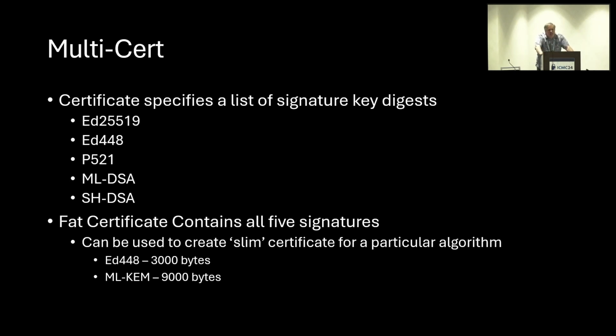But the idea here is you have a certificate that, instead of just giving one public key for the subject, gives a list of digests of public keys, and then you have a fat signature on that certificate that has all the signatures for all the key types, and then some mechanism for going from that fat certificate to a thin certificate that just has a root of trust, an accreditation for one particular algorithm. And so that's a trick that you might be able to play and might get you around some of those data size limits.